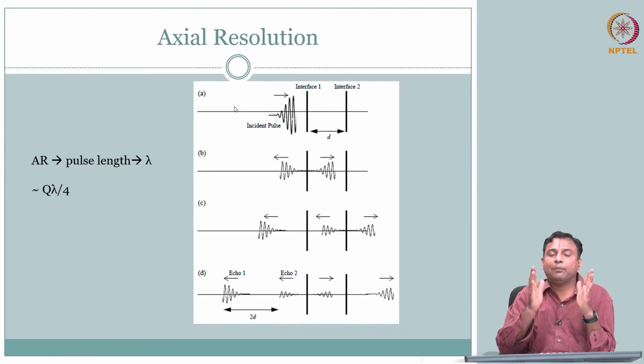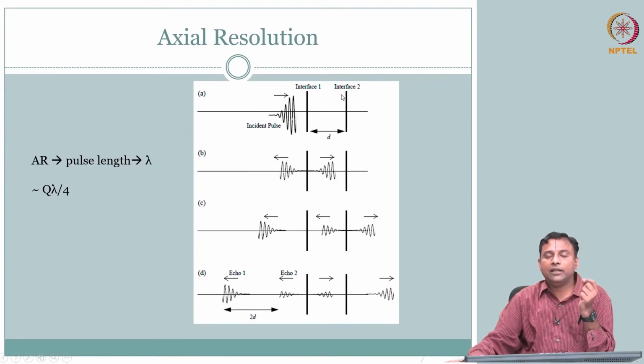Oh, spatially separated interfaces, right. So I have two interfaces. Can I separate using this pulse the two interfaces as being two different separated by a distance, right? What is the minimum distance that you should have, so that from this pulse, I can tease out that echo 1 is from interface 1, echo 2 is from interface 2, okay.